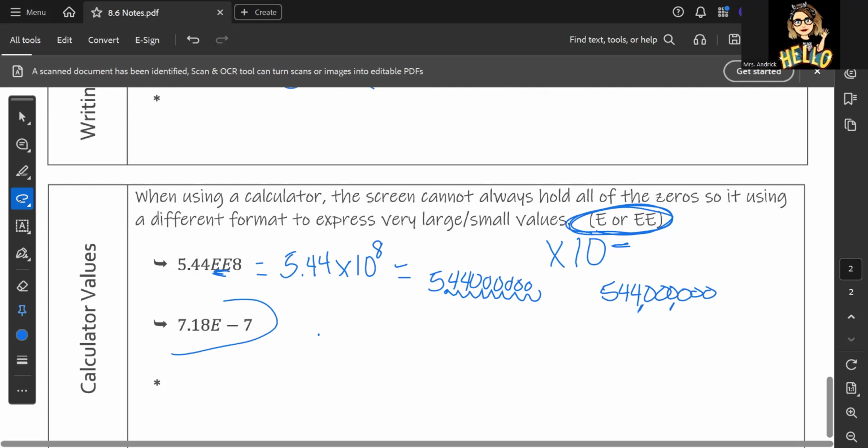Okay, so try this one. Figure out how you would write it using scientific notation and then put it into standard form. So do both. Take a moment and pause and try this last one.